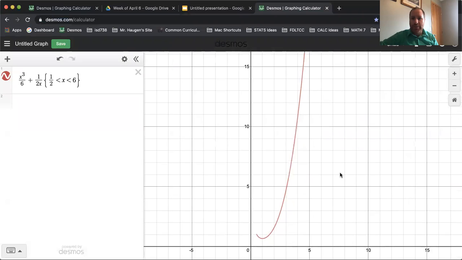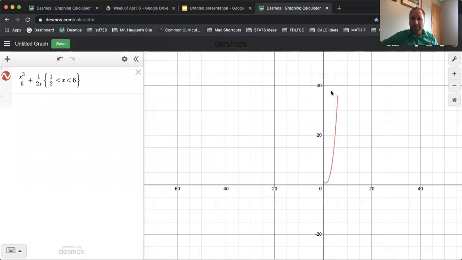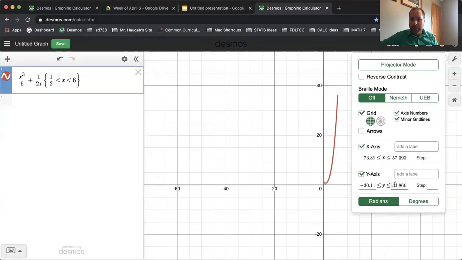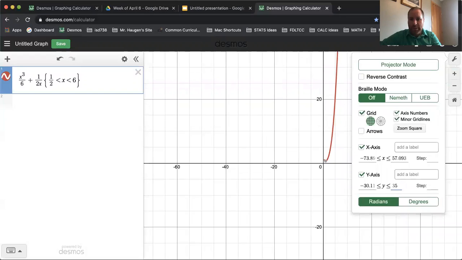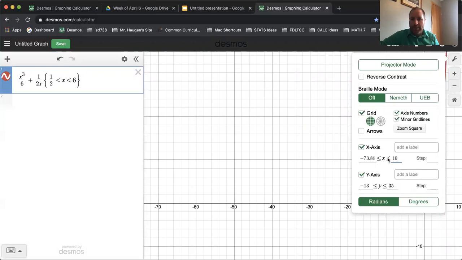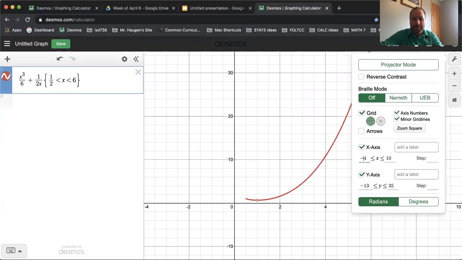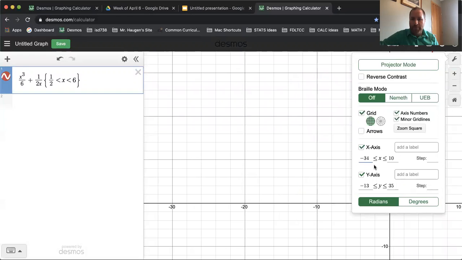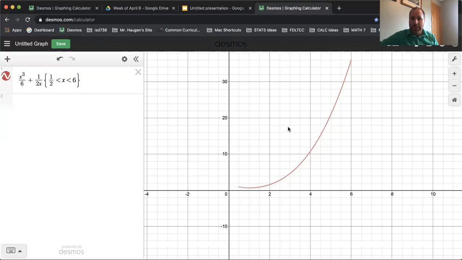So in here, I've got to zoom out a little bit because it goes up pretty high, all the way up to like 35 or something. So we could put 35 and -1. We'll put this out to 10, so it's not quite so far. So there we can see a little bit of that.